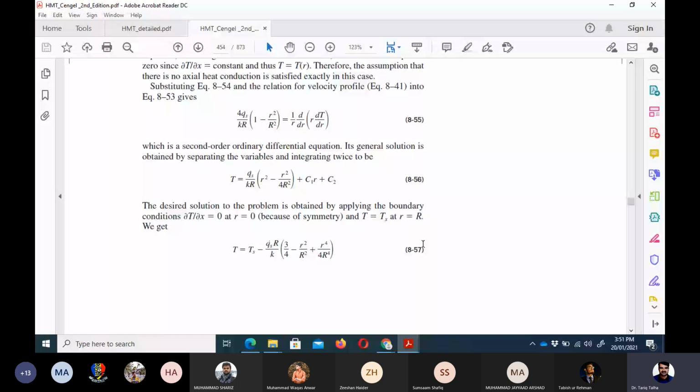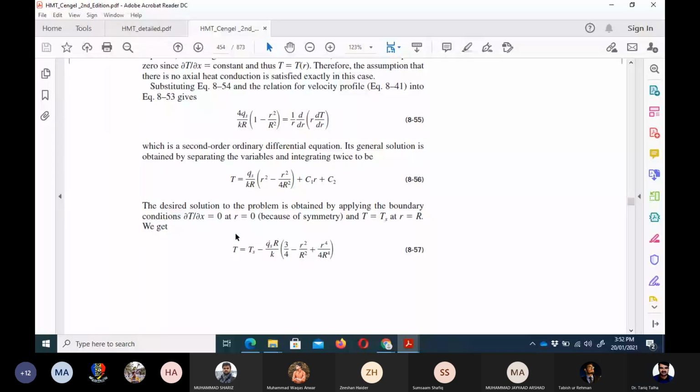So now you can see that T of r is equal to Ts minus q dot s upon k R into 3 by 4 minus r square upon capital R square plus r raised to power 4 divided by 4 R raised to power 4. So what does it tell us?